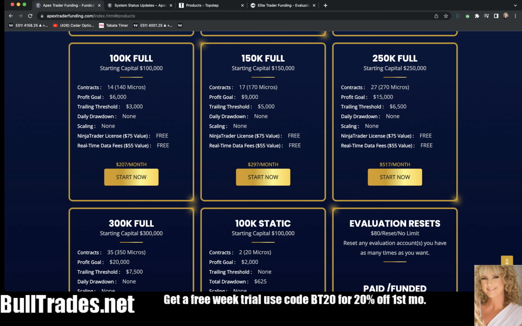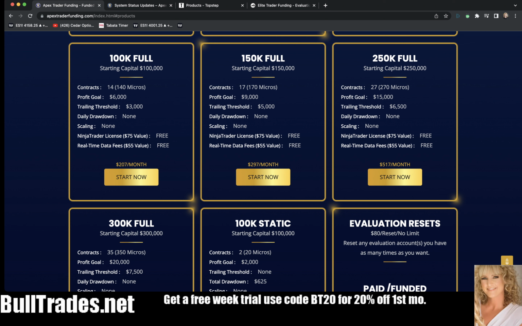And the caveat is they don't say, oh, you can trade no more than 3 contracts. What they say is we're looking for consistent traders. So let's say you're that person who catches those bigs, and you slam 17 contracts and you make your entire $9,000 in one day.